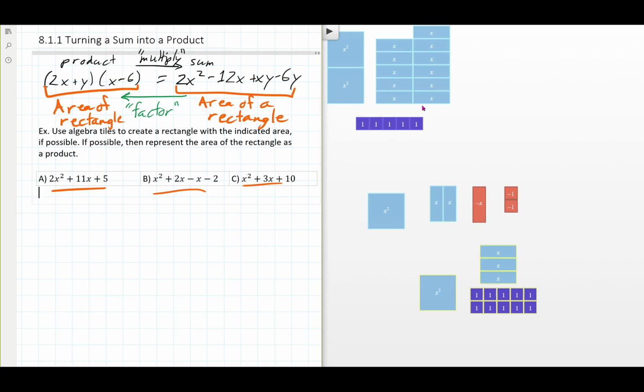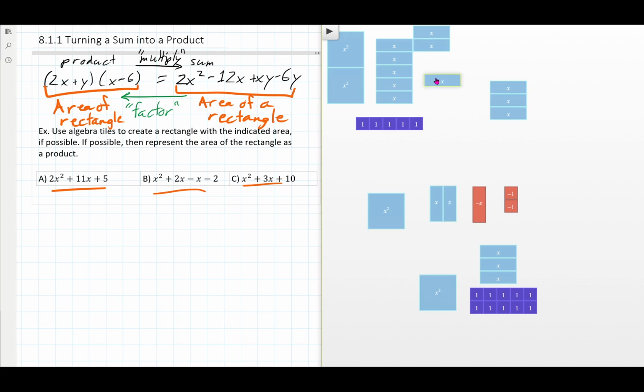Let's just remind ourselves how these algebra tiles work. So kind of the rules of the game here are that the tiles must line up edge to edge, and they must line up exactly. Here's what I mean by that, is that I can't have something like this. I cannot do this because unfortunately the tiles don't quite line up together. You can see a little gap there, or a little extra on this stack here.